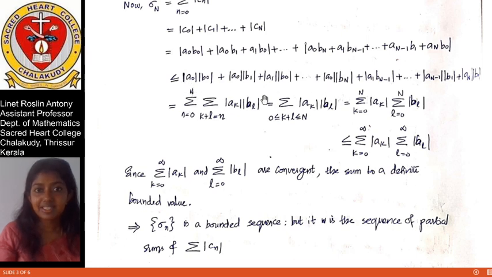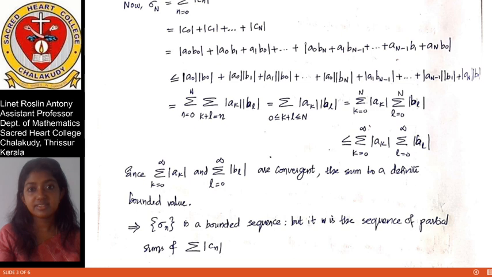So this is mathematically written as the series summation n is equal to 0 to capital N, summation k plus l equal to n, modulus of AK into modulus of BL. That can again be easily written, since k plus l is varying from 0 to n, so we are just making it one series for our ease.